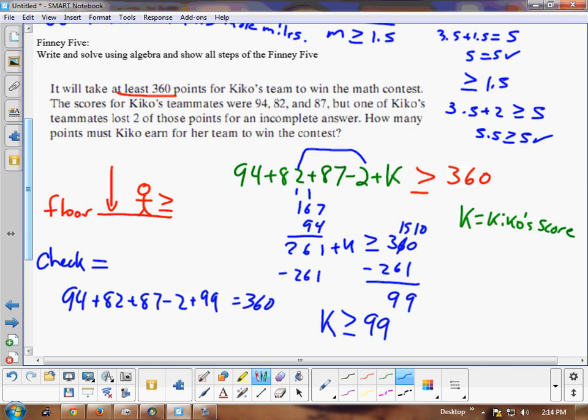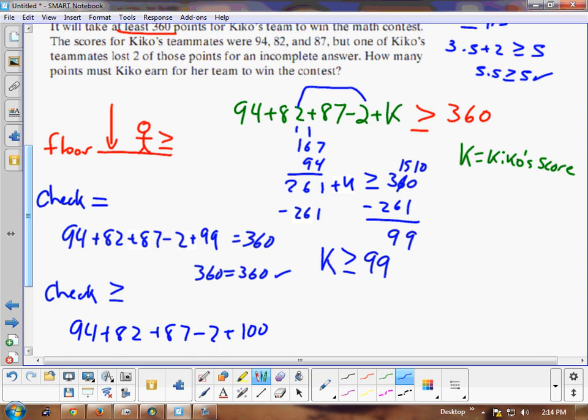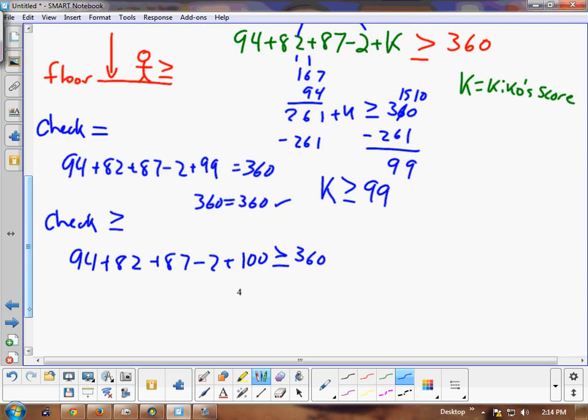Okay, and then check your inequality. So we're going to check greater than or equal to. So we're going to use 100 now instead of 99. Is that greater than or equal to 360? And when you add that up, you get 361 is greater than or equal to 360, and that checks.